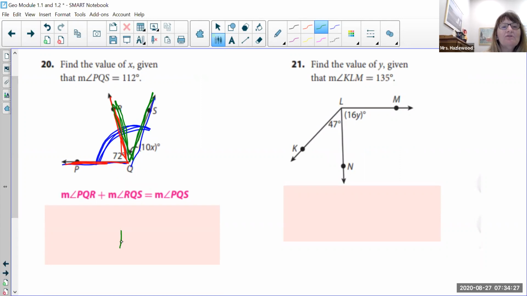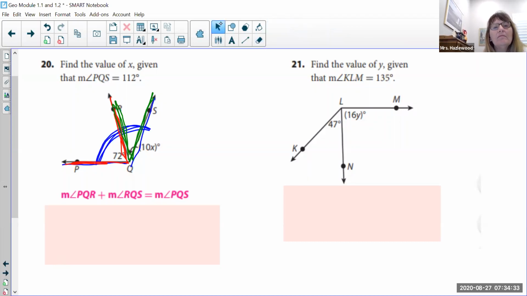So when I substitute in my information, I know that the measure of PQR is 72 degrees. The measure of angle RQS is 10x.